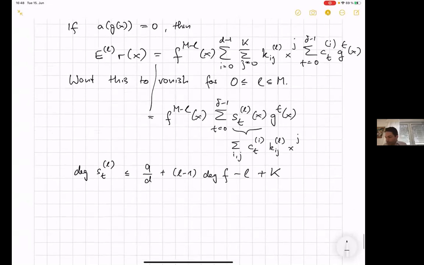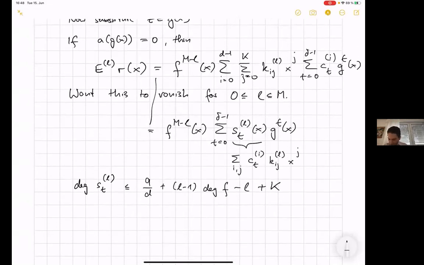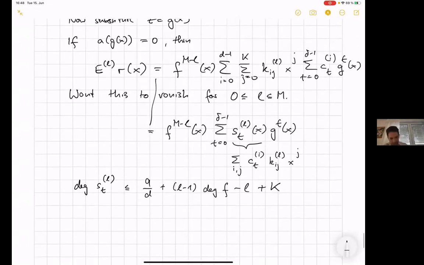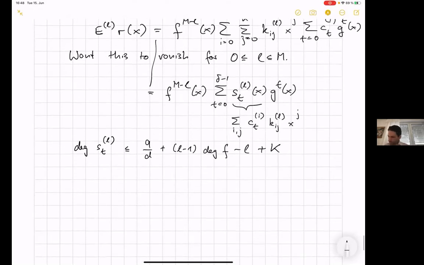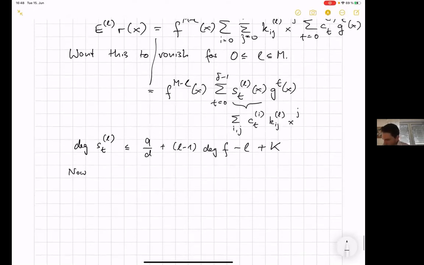All right, and now it's a comparison of degrees of freedom. How many conditions do I have, and how many free coefficients do I have in the k_{ij}'s? So now compare degrees of freedom.